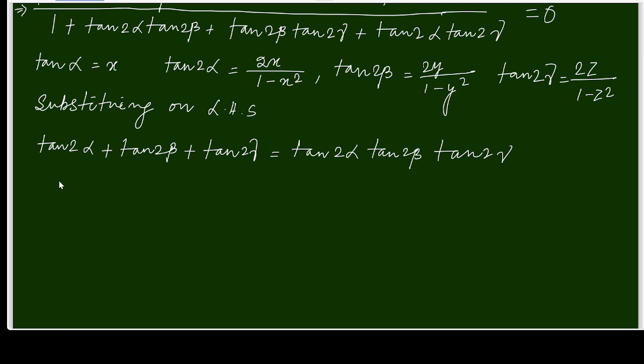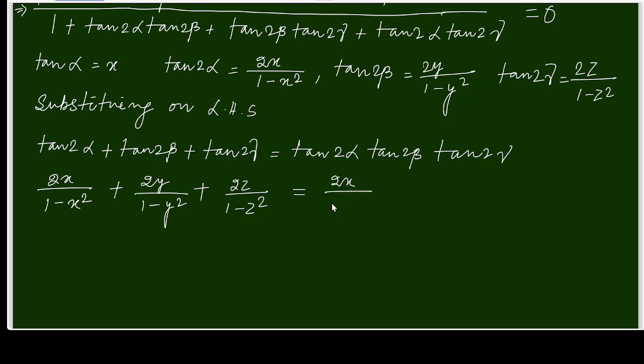So 2x over 1 minus x square plus 2y over 1 minus y square plus 2z over 1 minus z square equals 2x over 1 minus x square multiplied by 2y over 1 minus y square multiplied by 2z over 1 minus z square.